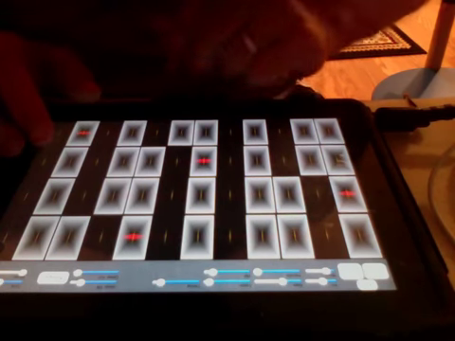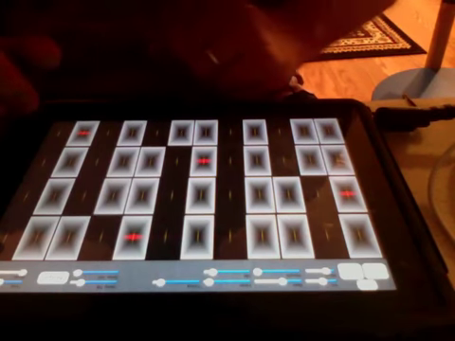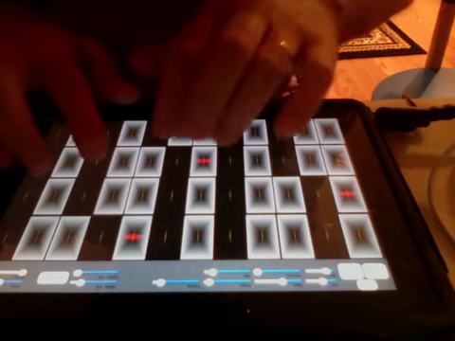And the best way to play the scale, because scales have 7 notes, is that you probably want to do 4 notes on the top row and 3 on the bottom.